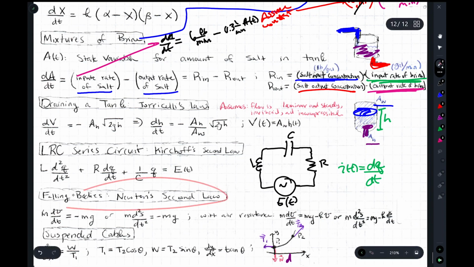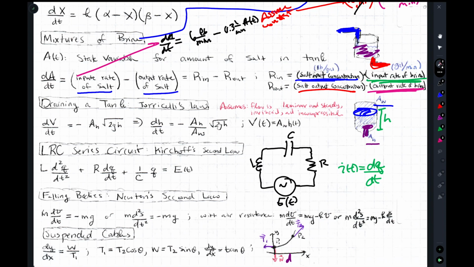We also have Newton's laws, which we discussed above. You could have an assumption that the air resistance is negligible, or you could include air resistance with a term like kV. Here we have a resistive force that's proportional to the velocity.